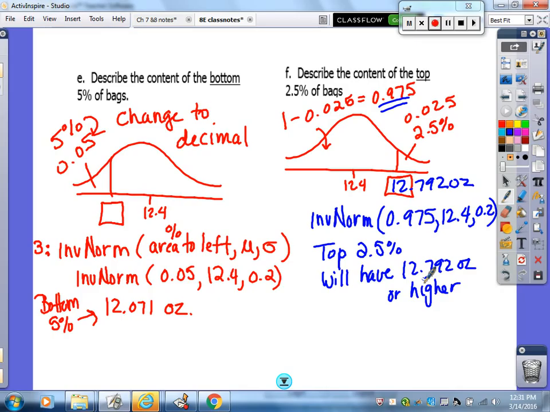So make sure you look for top or bottom percent. And also look at your answers. Make sure they make sense. If I'm in the top 2.5%, I should be more than 12.4 ounces. All right, now all of these problems you could have used the curve, because all of them hit the mark. But a couple of the first few homework questions, you're going to need to use the calculator. All right, if you have any questions, let me know.